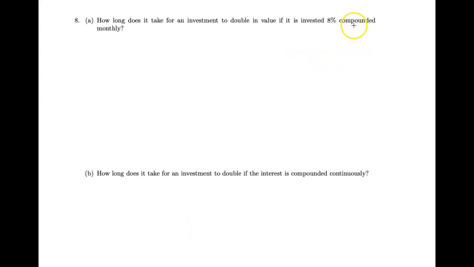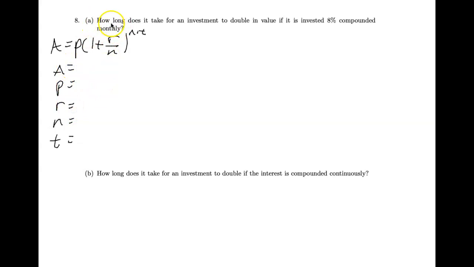We see that it's compounded monthly, so we know we're using the formula A equals P times (1 plus r over n) to the n times t. Let's list our parameters. From the get-go, we want to know how long, so we don't know what t is.